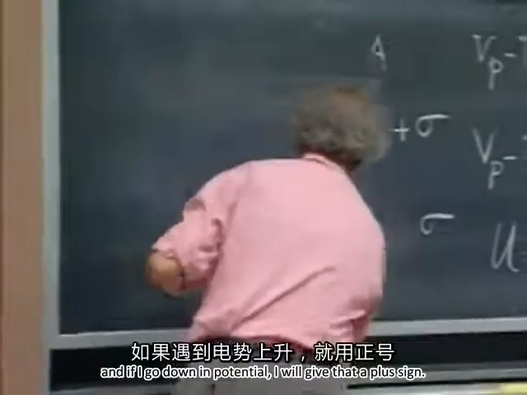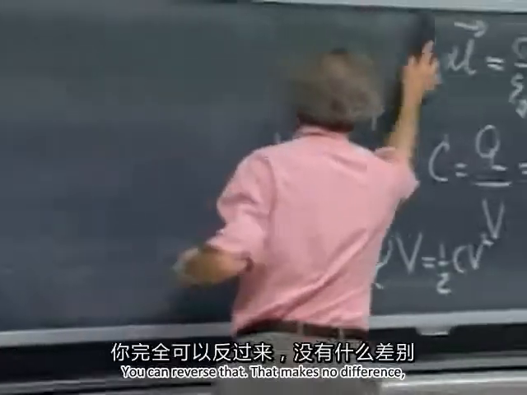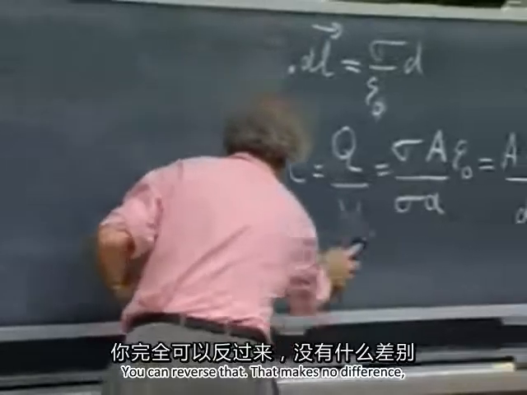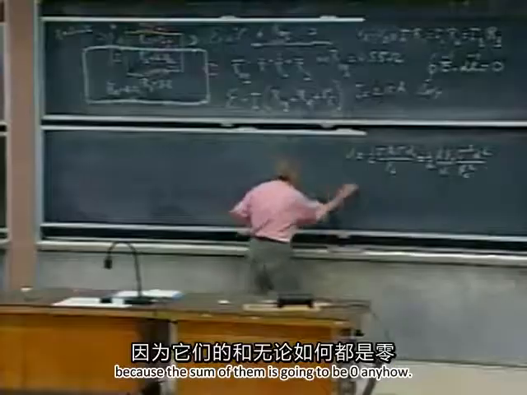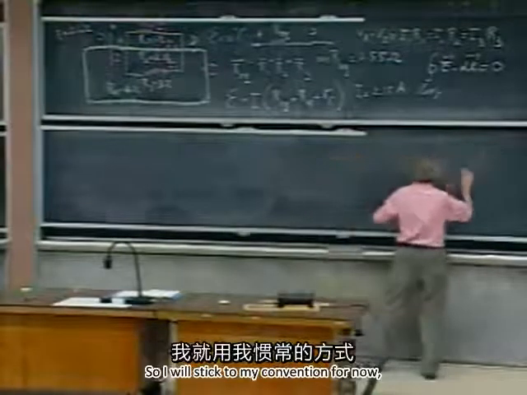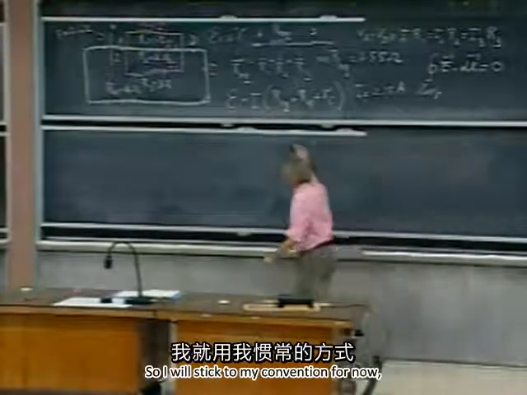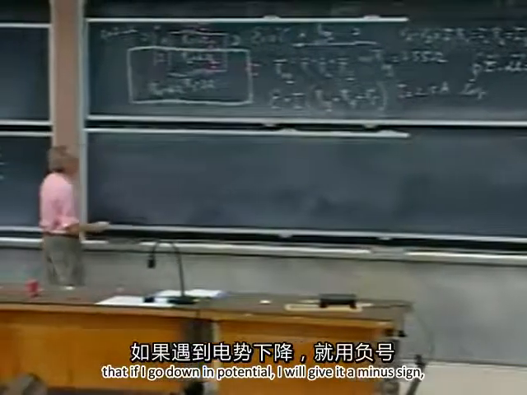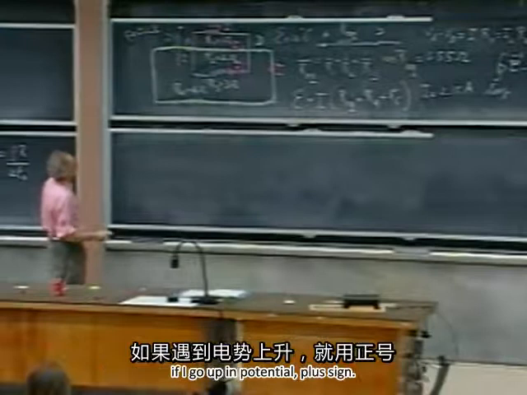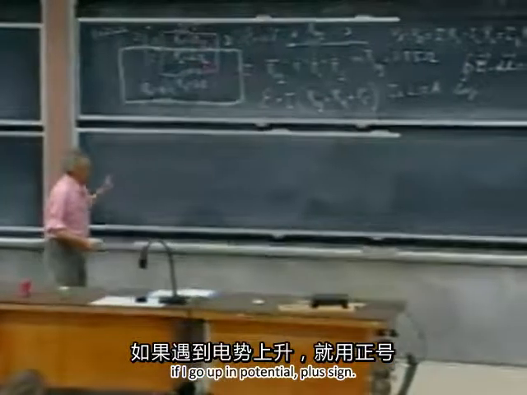And if I go up in potential, I will give that a plus sign. You can reverse that. That makes no difference, because the sum of them is going to be 0 anyhow. So I will stick to my convention for now, that if I go down in potential, I will give it a minus sign. If I go up in potential, plus sign.